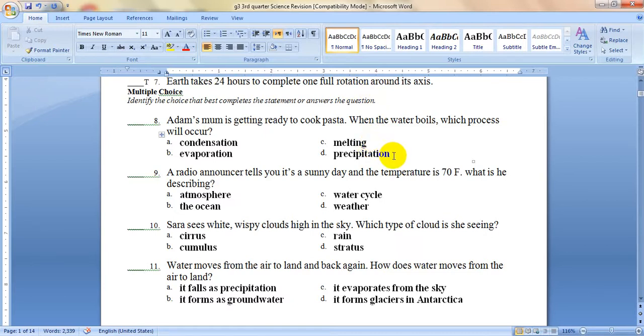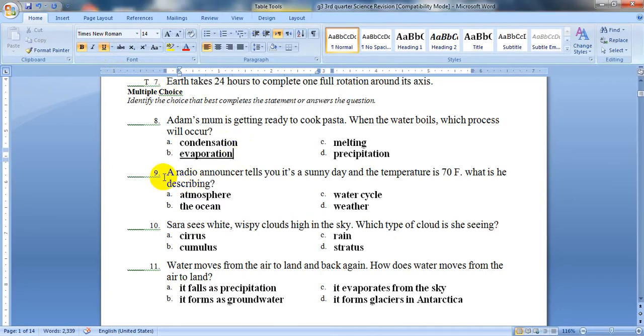And precipitation means anything that falls from the sky in the shape of rain, snow, sleet, or hail. During cooking and the boiling of water, we could see the water vapor going out of the pot. So this is evaporation, or the change of a liquid to be gas.